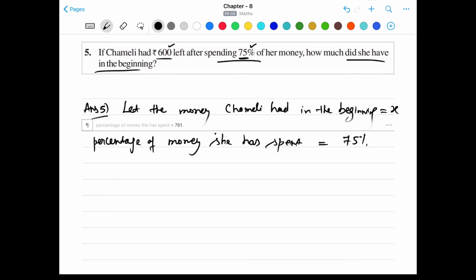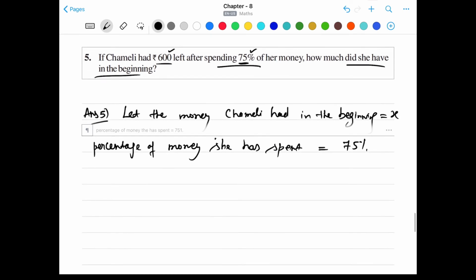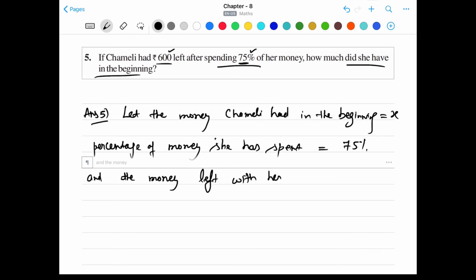The money left with her is equal to 600 rupees. Again, listen to this: in percentage she has spent 75%, that means the remaining money is 25%.